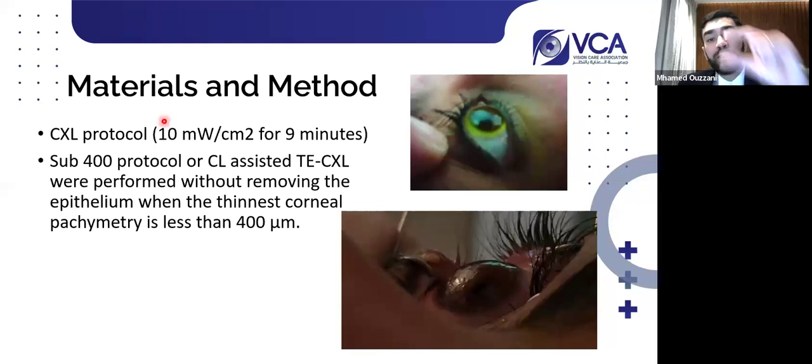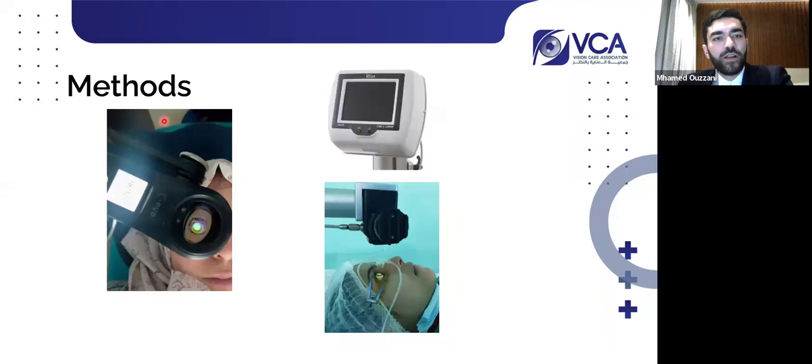When we have thinner corneas, we use another protocol that is adapted to it. In this study, we used the CXL device, which is a portable UV irradiation device, and you can see we have some oxygen supplementation that we used in this study.